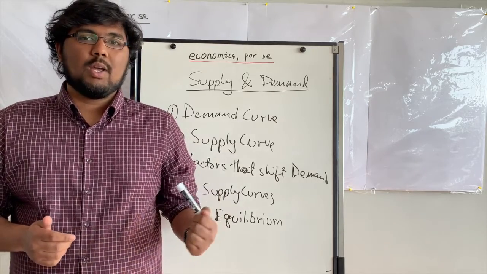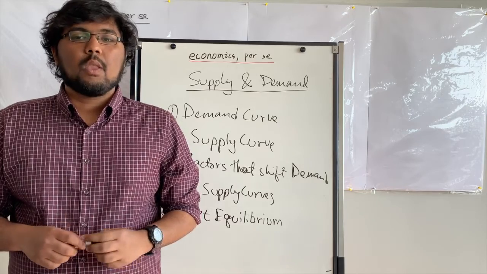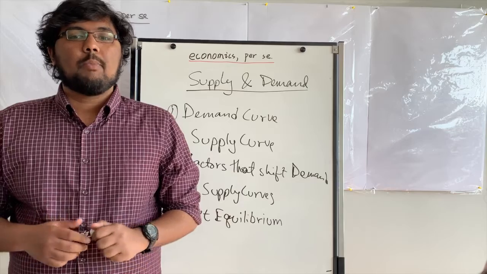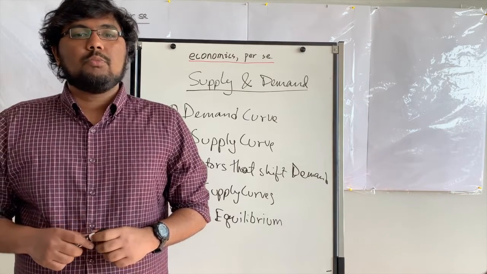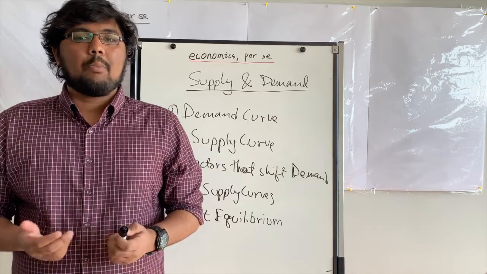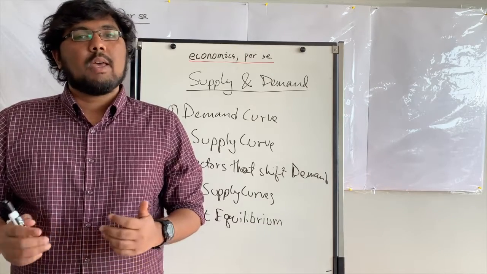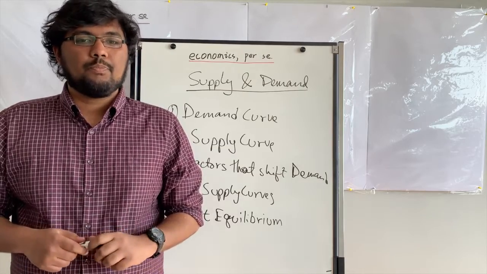The higher the price, the fewer apples people would want to purchase. And alternatively, the lower the price, the more apples people would want to purchase. So the answer to the question, how many kilos of apples do consumers want to buy in a given year, is that it depends on the price of 1 kilo of apples.